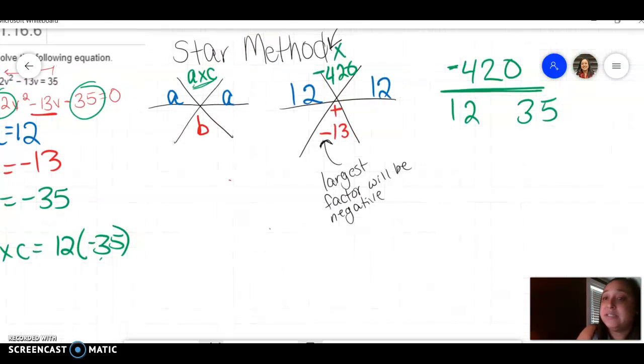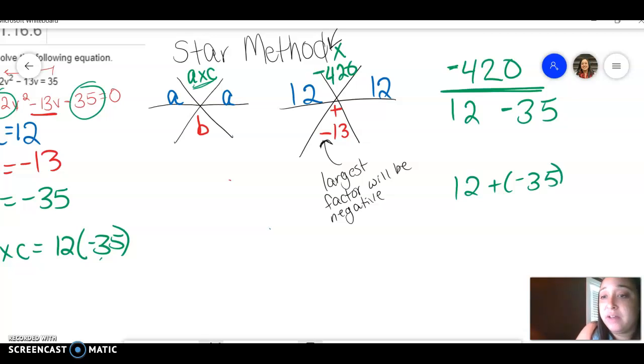Well, what is 12 plus a negative 35? It's negative 23. Now, it's not 13, but it's close.